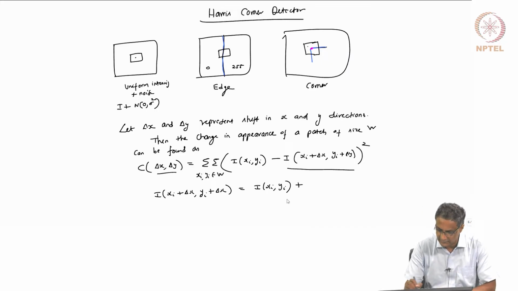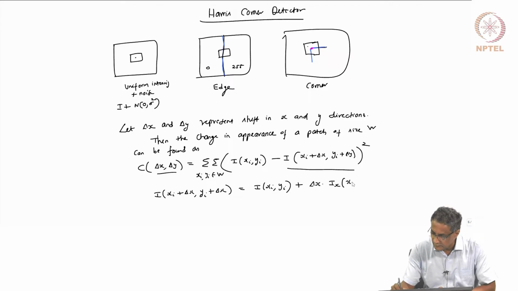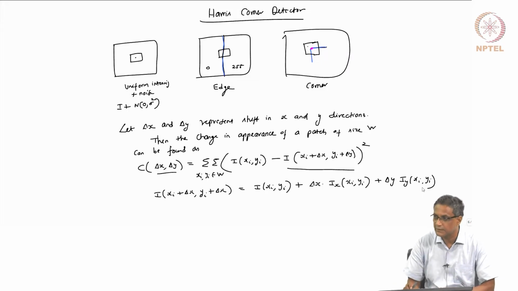So, I am writing a scalar form: plus delta x, let us say we call this Ix, of xi, yi, plus delta y Iy of xi, yi, and then you will have some higher order terms which we will ignore.